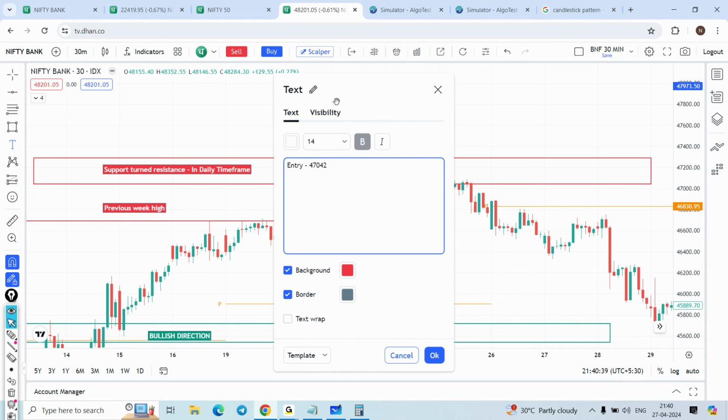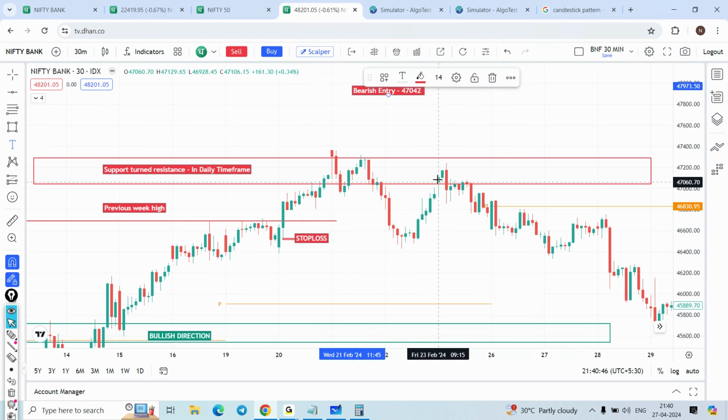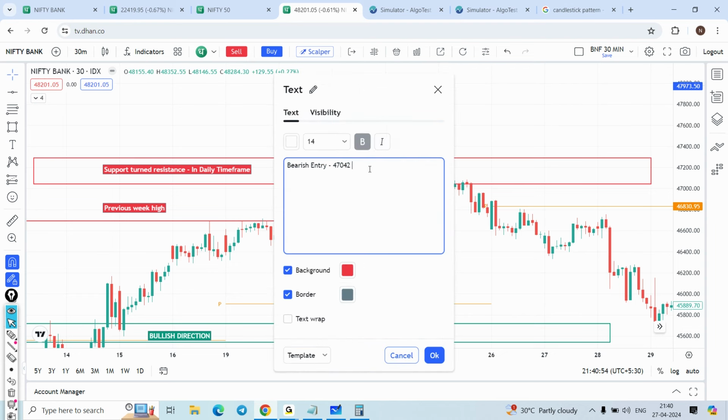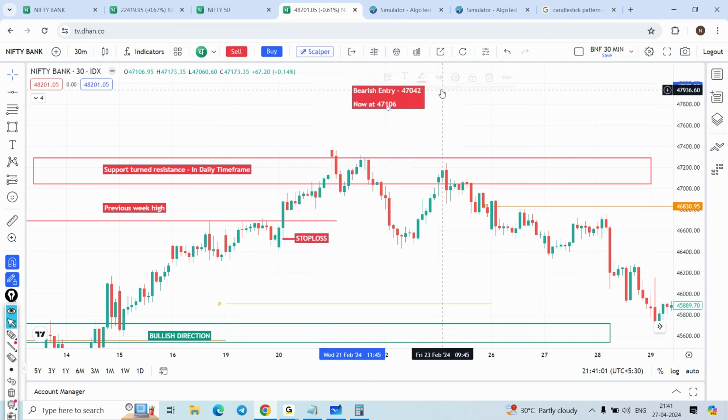Bearish entry. Right? Now after first 30 minutes, where it is trading? 47106. 70 points, hardly prices 70 points against me. Yes or no?